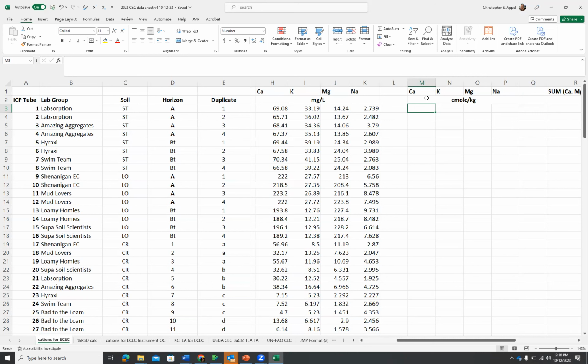And this would be a good calculation to put in your lab notebook also, which is just going to be labeled something like conversion of milligrams per liter to centimoles of charge per kilogram, or cation exchange capacity.